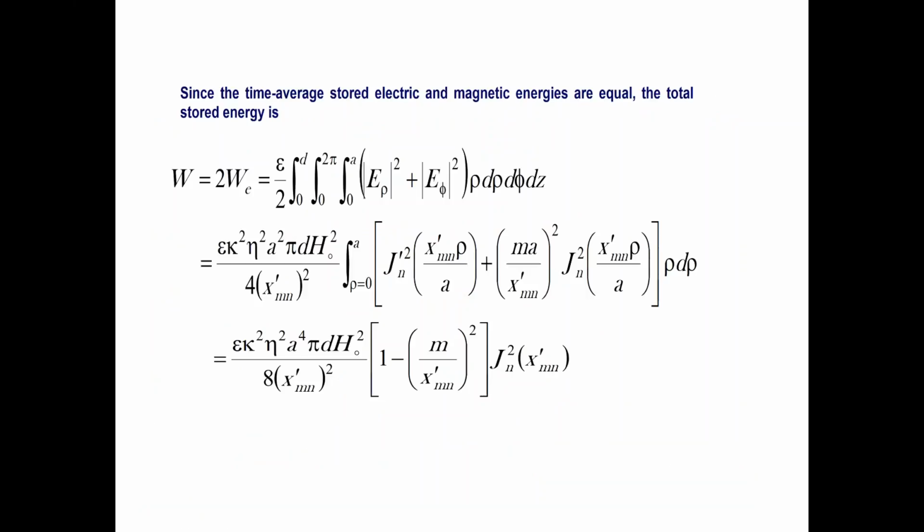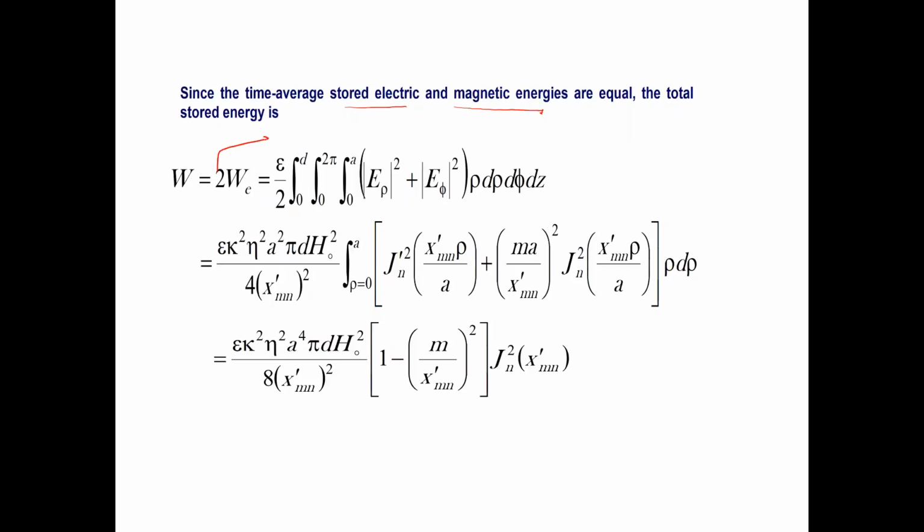And again, if you were looking for the total energy stored within these cavities, we've already seen that the stored electric and magnetic energies are equal. So we can just calculate the total electric energy stored and then basically take twice that.